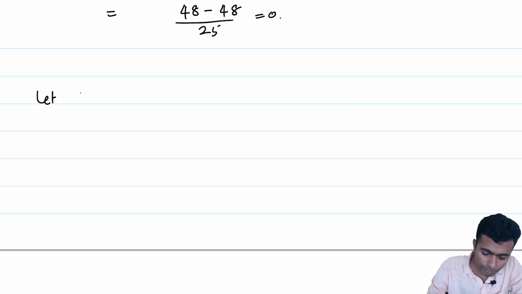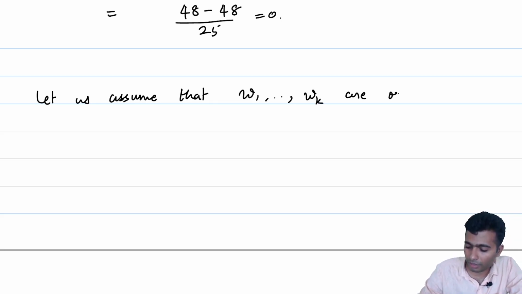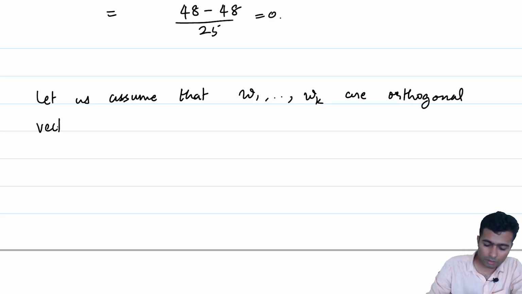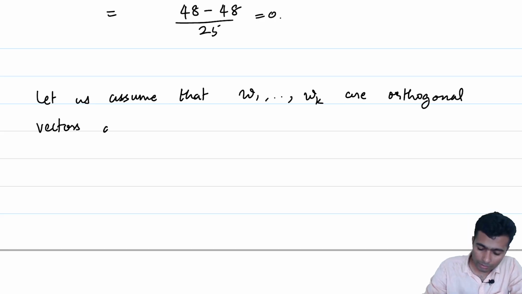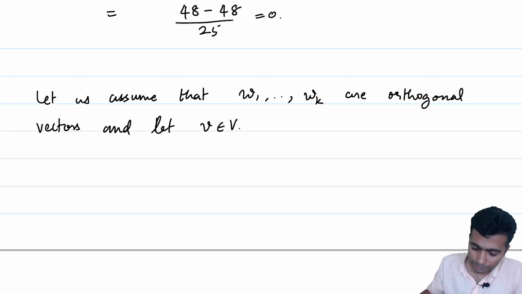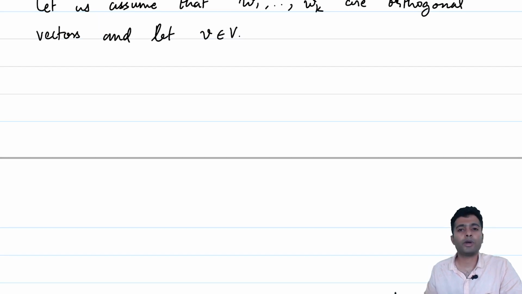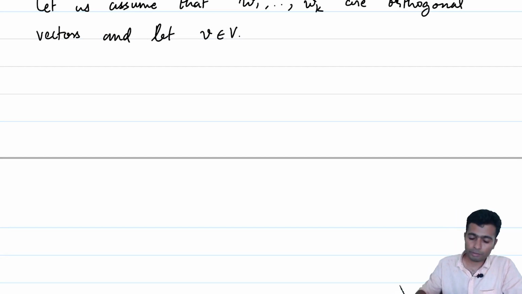So, let us assume that W1 to Wk are orthogonal vectors, and let V be a vector in the inner product space. Let us now give a new vector which will be orthogonal to each of W1, W2 up to Wk.